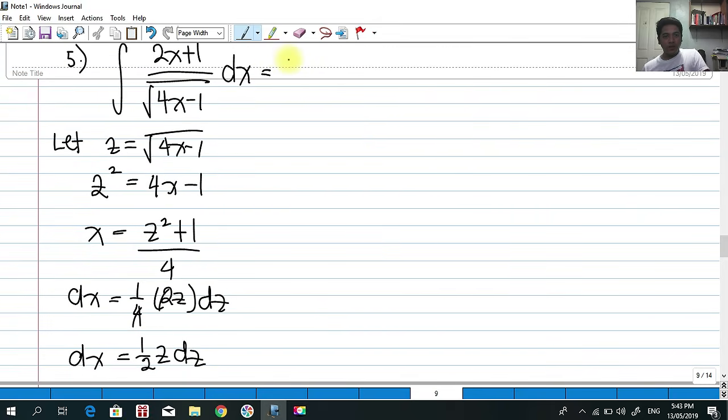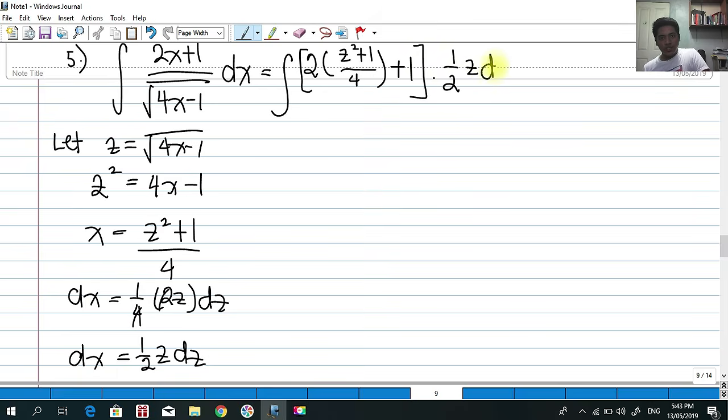So we have the integral of 2 times x, and the value of x is (z squared plus 1) over 4, plus 1, that is the 2x plus 1 here. Multiply that by dx, which is 1/2 z dz, over the square root of 4x minus 1, that is simply equal to z.